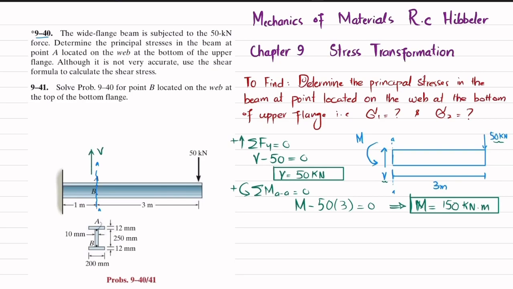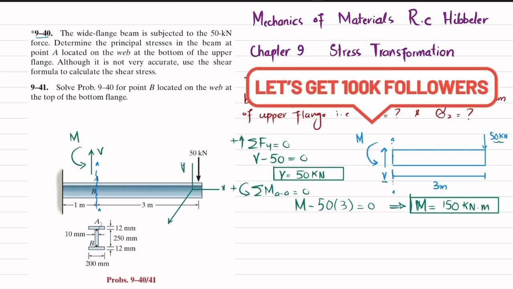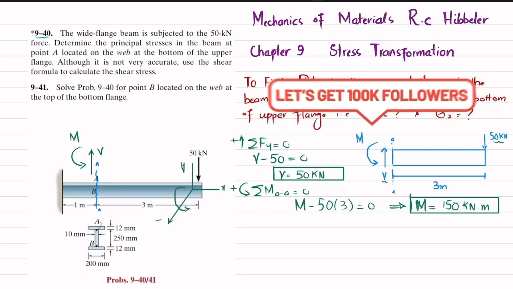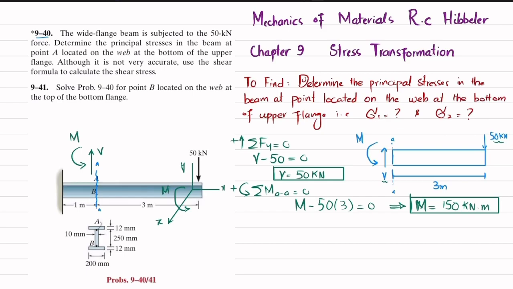Now you can see that here we have one shear force that is acting upward, clear, which is V, and we have a moment which is counterclockwise. So due to this moment, this is x-axis, this is y-axis, clear, and this is the z-axis. So you can see this moment will be about z-axis, and the shear force that is acting downward will be in y direction. So due to this moment, the bending stress will be generated in this x direction, which is sigma x, clear.